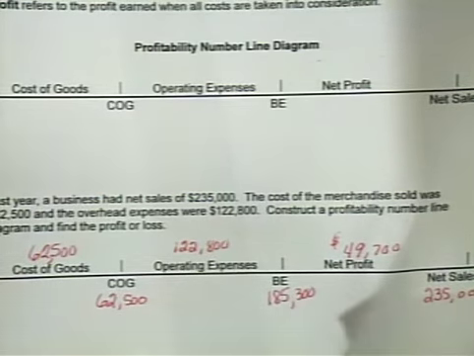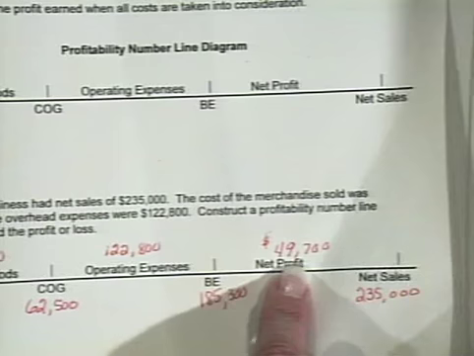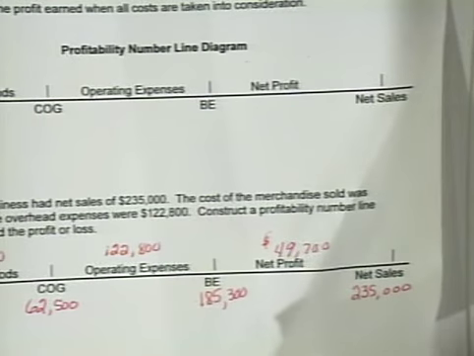Now, I look over here on my number line and realize that my total sales were $235,000. My break-even point is $185,300. Since net sales were greater than break-even, I did indeed make some money. So I can subtract these two and come up with a net profit number.